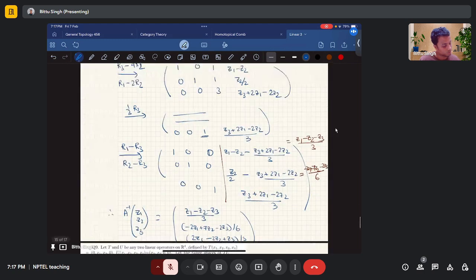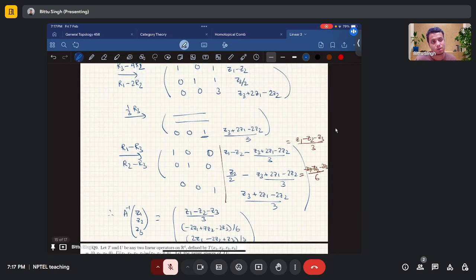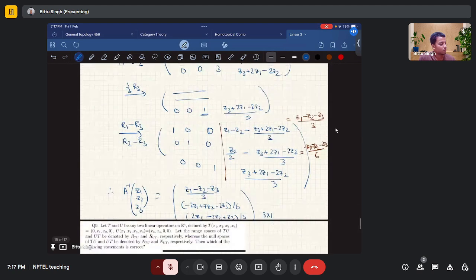So this is the inverse, but to write it in the proper way, in the linear transformation it will take the row form. This is a 3 by 1 matrix, but it should be a 1 by 3 matrix, of this form.